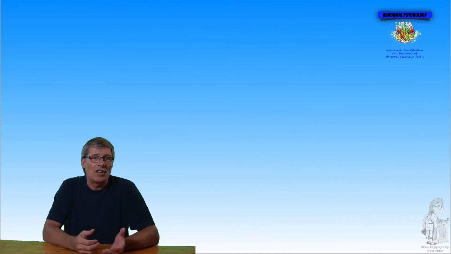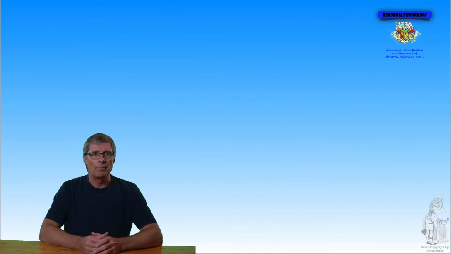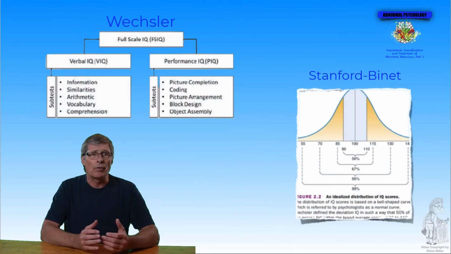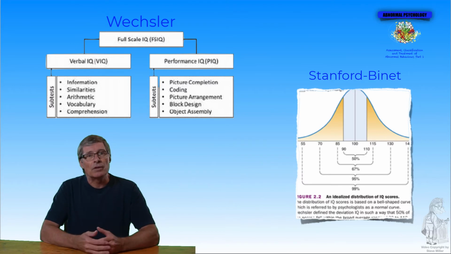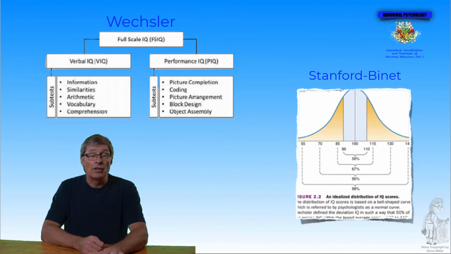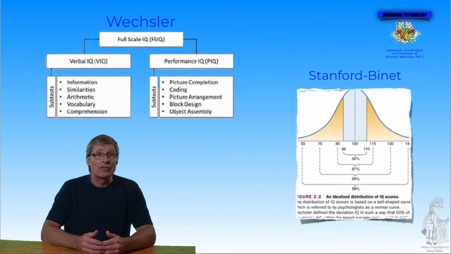Now, intelligence tests help clarify issues of abnormal behavior. Tests of intelligence, like the Stanford-Binet, with an IQ score for intelligence, and the Wechsler scale, with multiple scores on aspects of intelligence, are used for various purposes in clinical assessments, including determining evidence of intellectual delays or cognitive impairments, and assessing strengths and weaknesses.